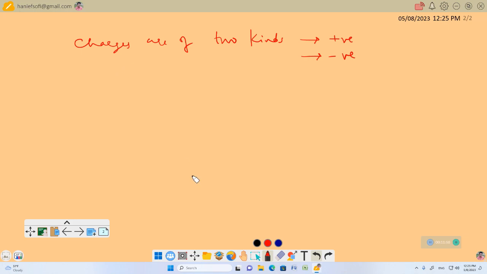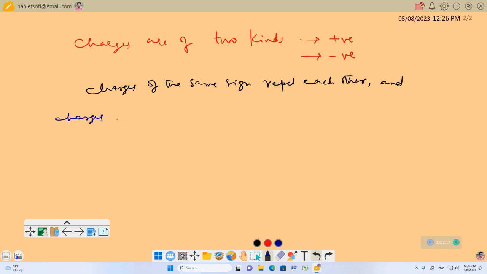Write it: charges of the same sign repel each other, and charges of the opposite sign attract each other, right?